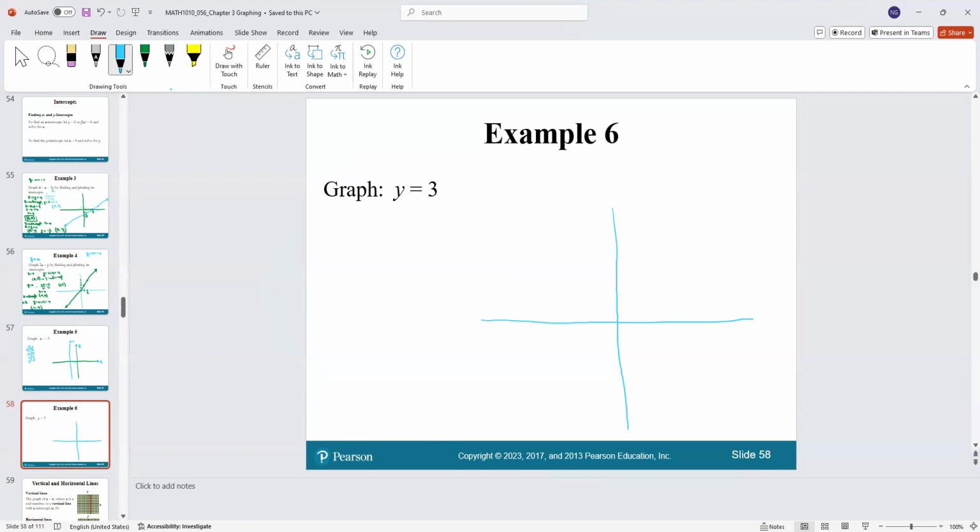The first thing to do is to construct your xy plane, what we call the Cartesian plane, where the intersection is 0, and you identify 3 on the y-axis: 1, 2, and 3. Once you do that, then you can graph. As you can see, y equal 3 is a horizontal line because it intersects the y-axis. This is the graph for y equal 3.